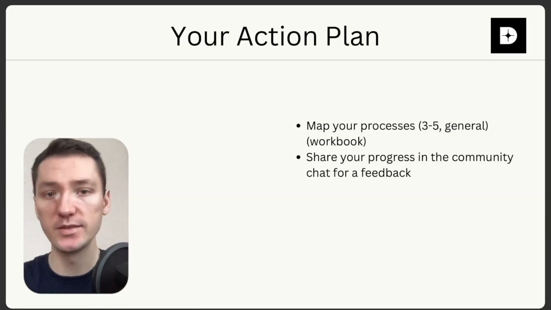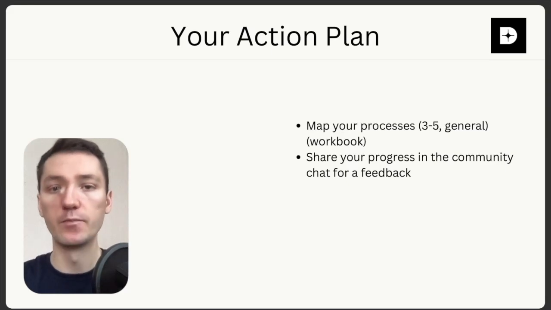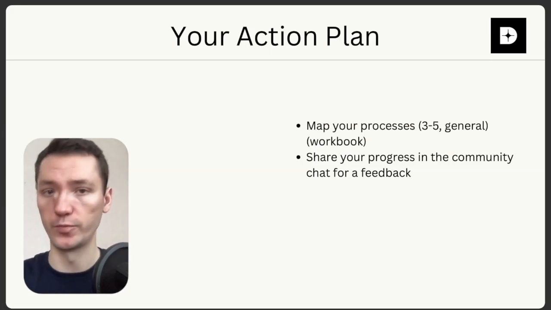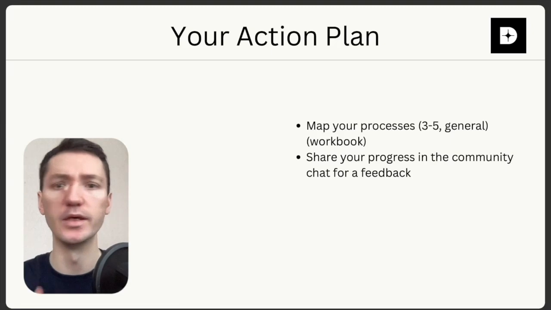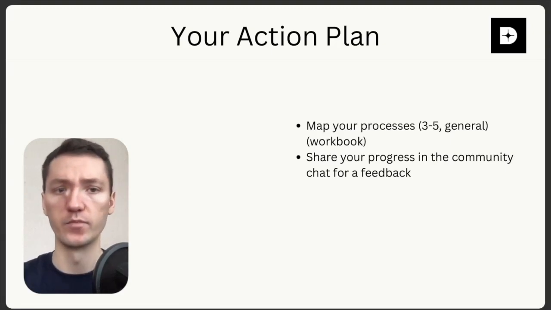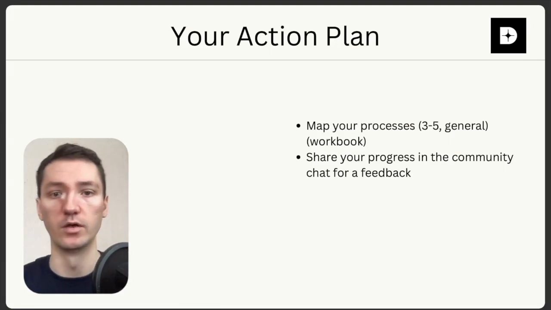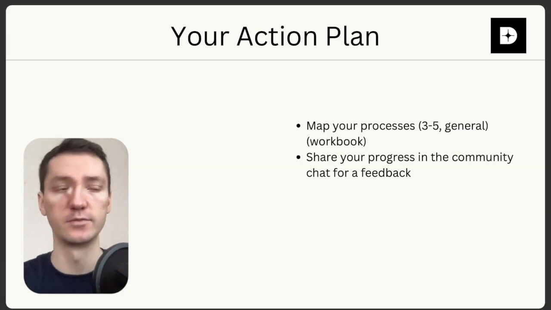Why is that? Because it speeds up your process so much. We have experts in the community who can help you with your problems and your automations, and you also have peers who have the same or similar problems in their own businesses, in their geographies. We have a multinational community, right, with different geographies.